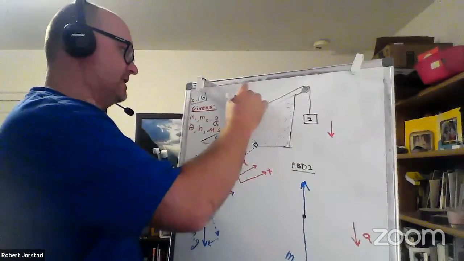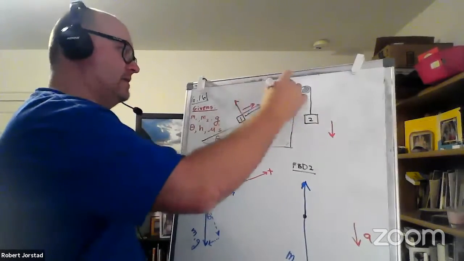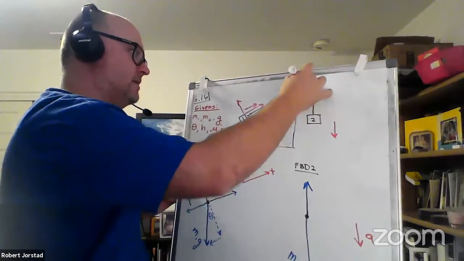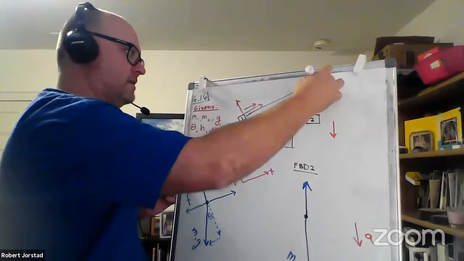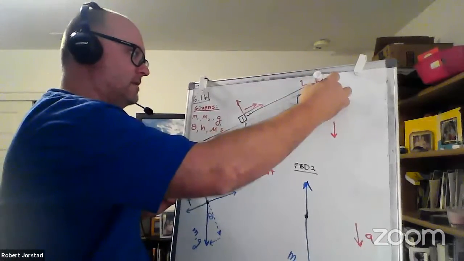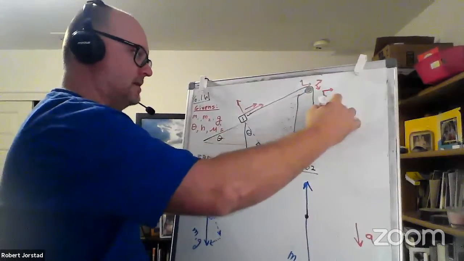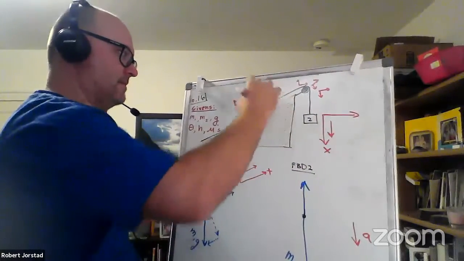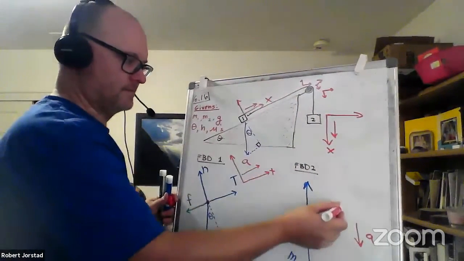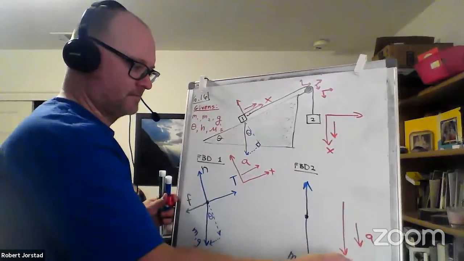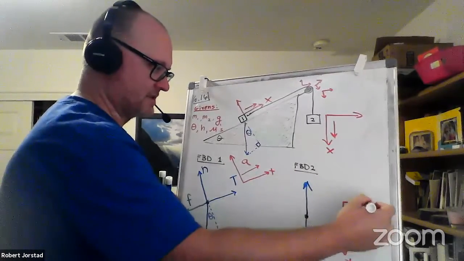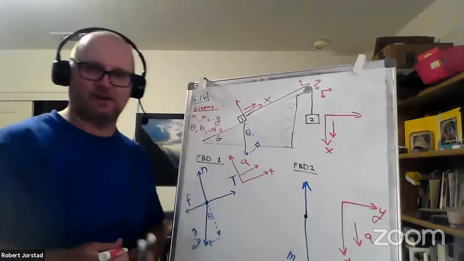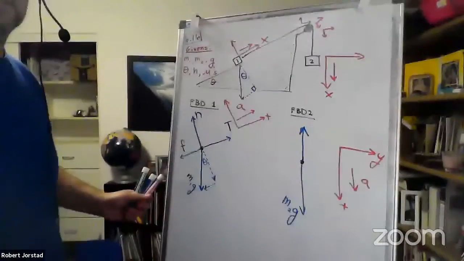So this one's going this way. Seems logical to go like this, even though at first that probably seems super weird to you. Hopefully that's starting to feel somewhat natural now.